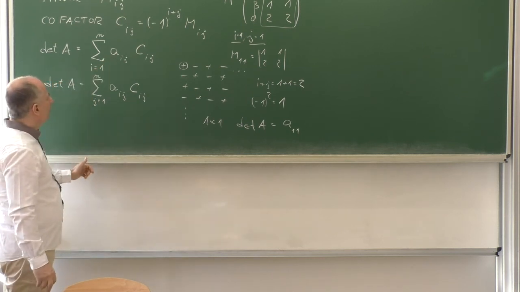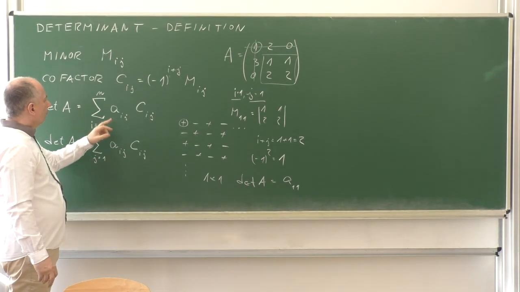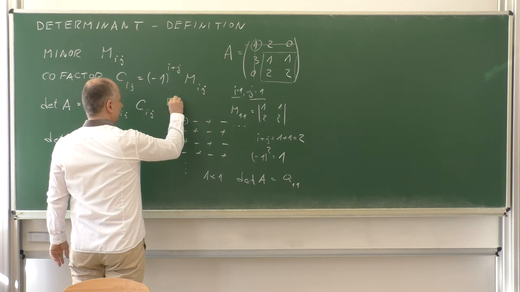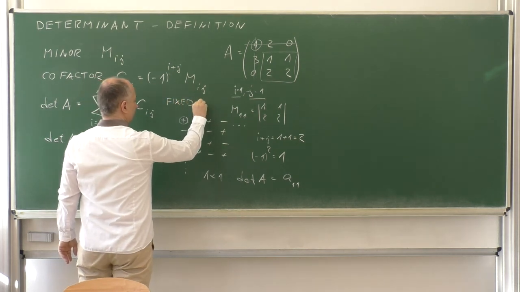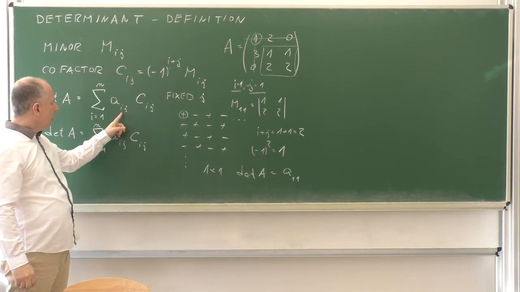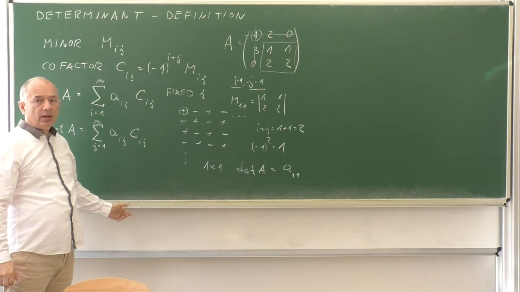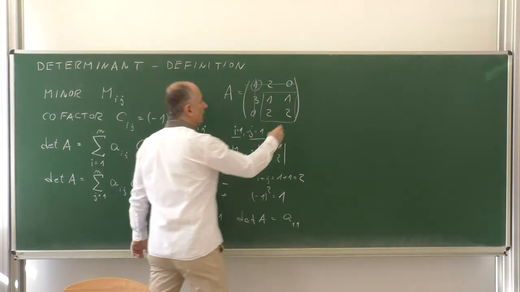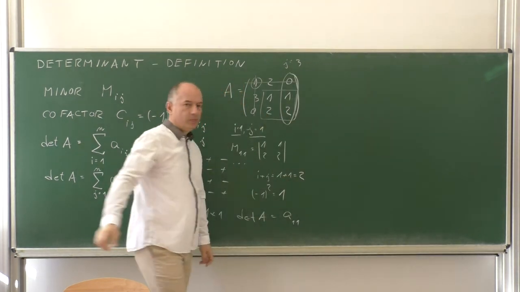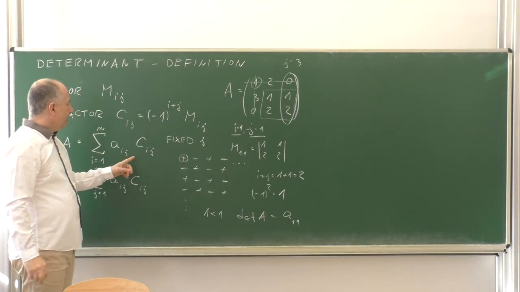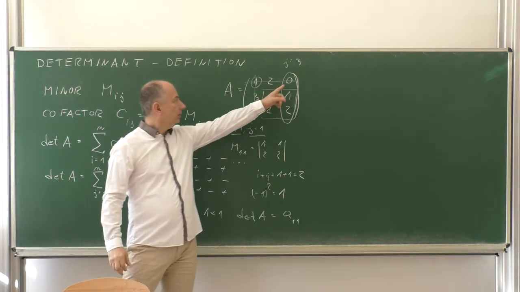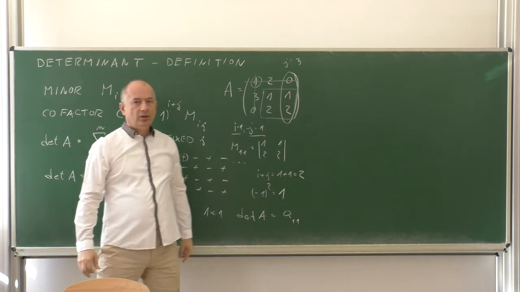Well, what does it mean? Here we choose one fixed j between 1 and n. That means we fix one column. Say column number 3. And then for each i from 1 to n, we consider all the entries in this chosen column.